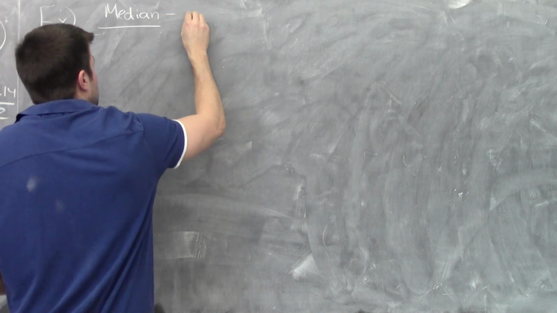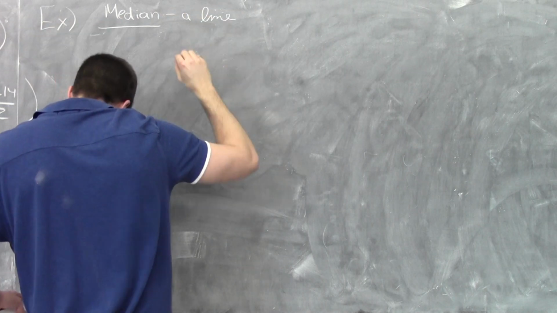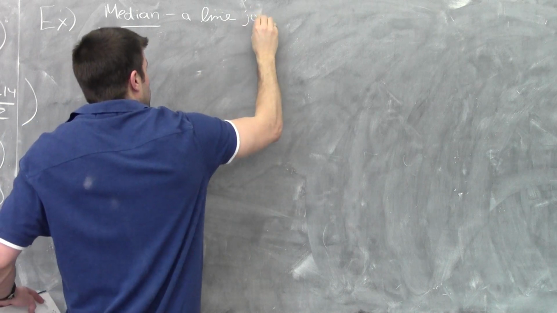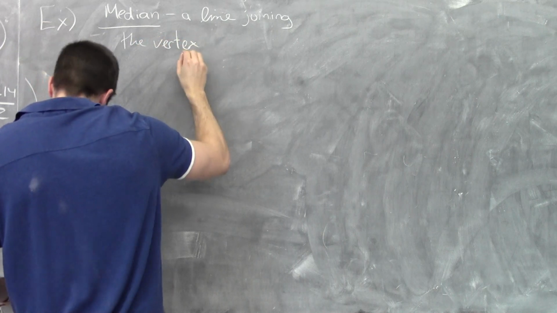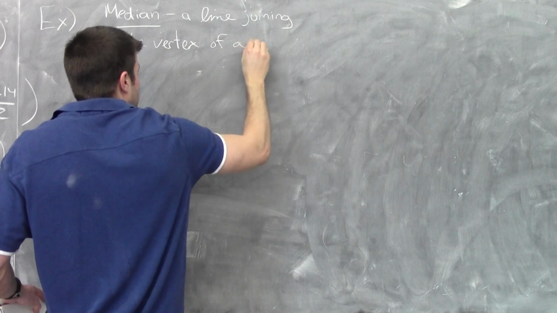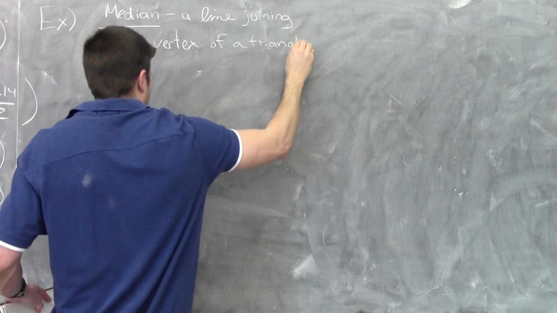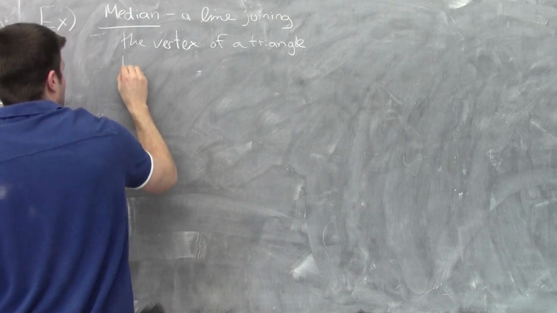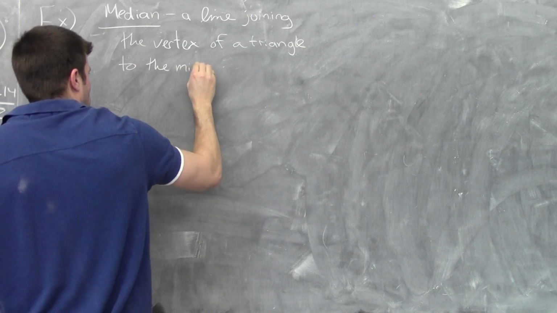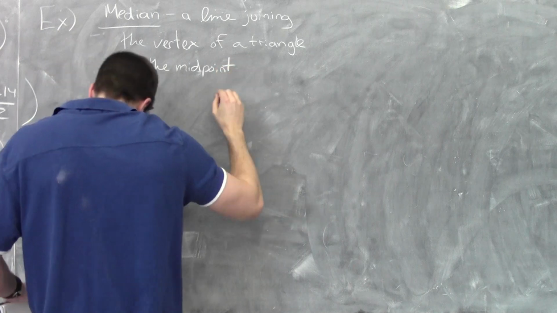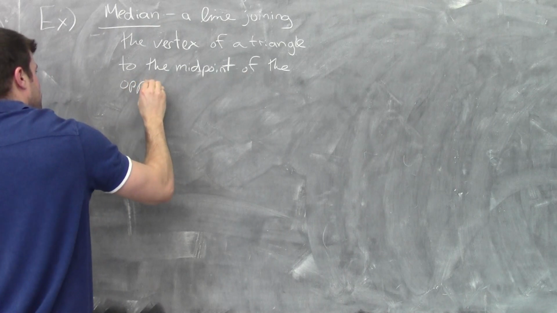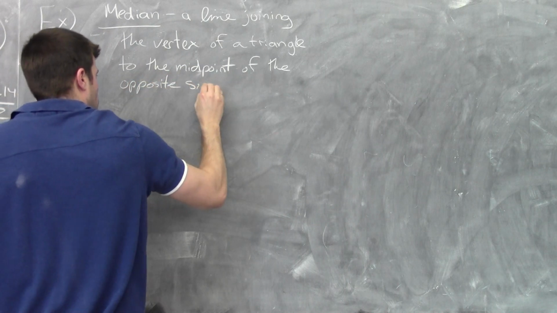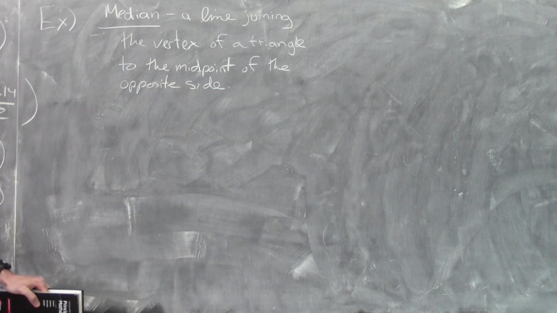Median is defined as a line joining the vertex of a triangle to the midpoint of the opposite side.